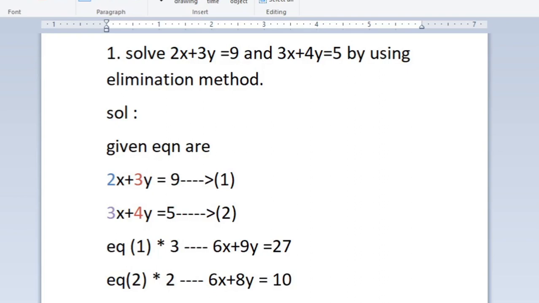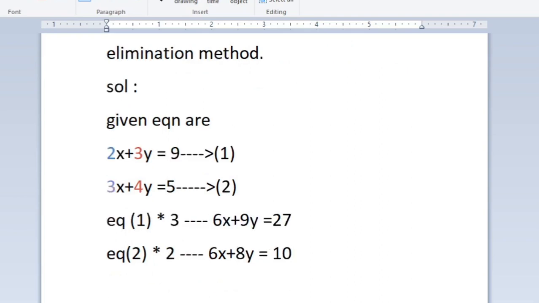You see here both x coefficients are equal or not? Absolutely both x coefficients are equal. Therefore, we have to eliminate x terms by addition or subtraction. So when we have to add, when we have to subtract, it depends on the signs of the coefficient.